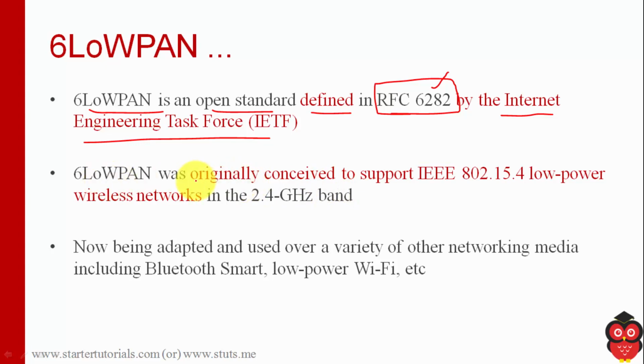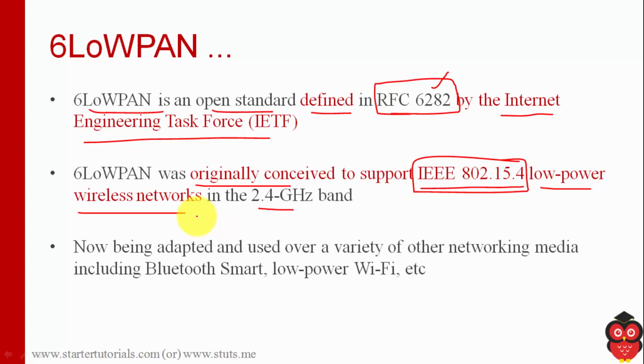This technology, 6LoWPAN, was originally developed for supporting IEEE 802.15.4 low power wireless networks in the frequency band 2.4 GHz. So 6LoWPAN operates on top of IEEE 802.15.4.